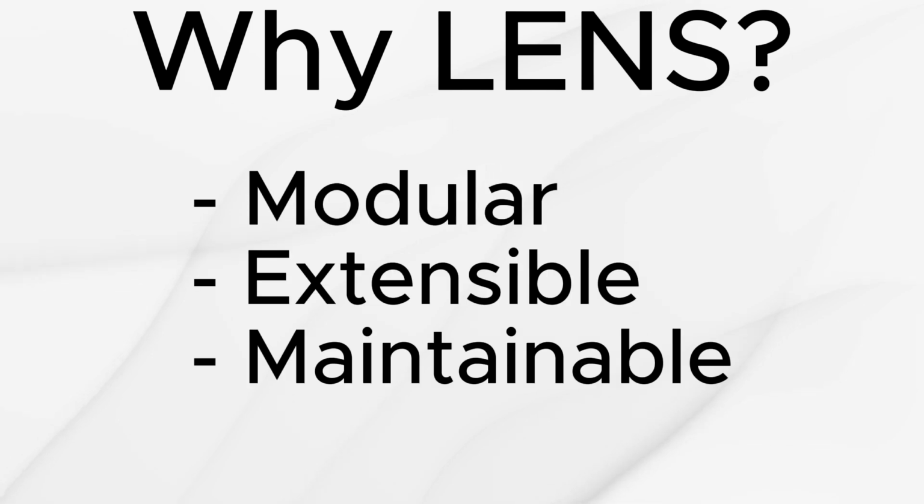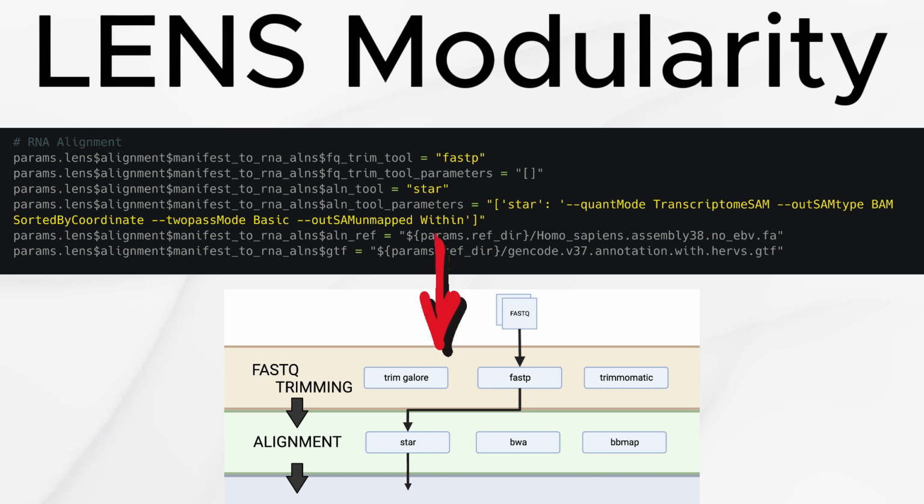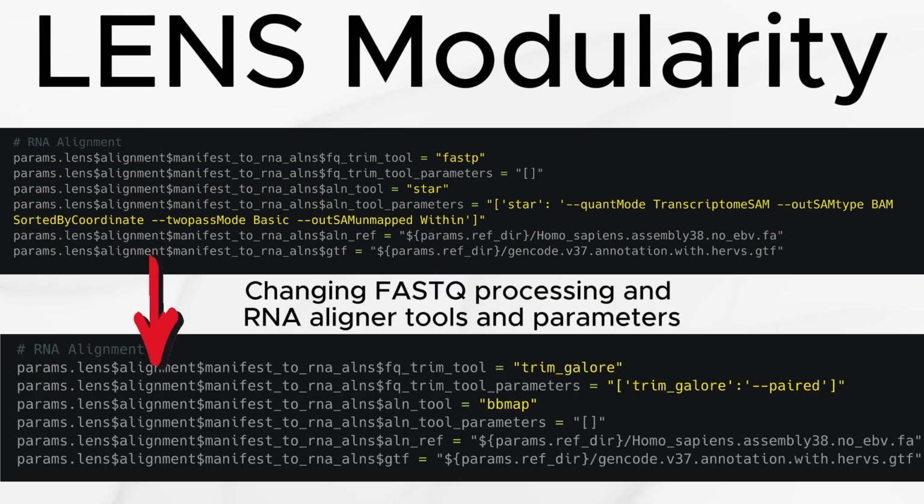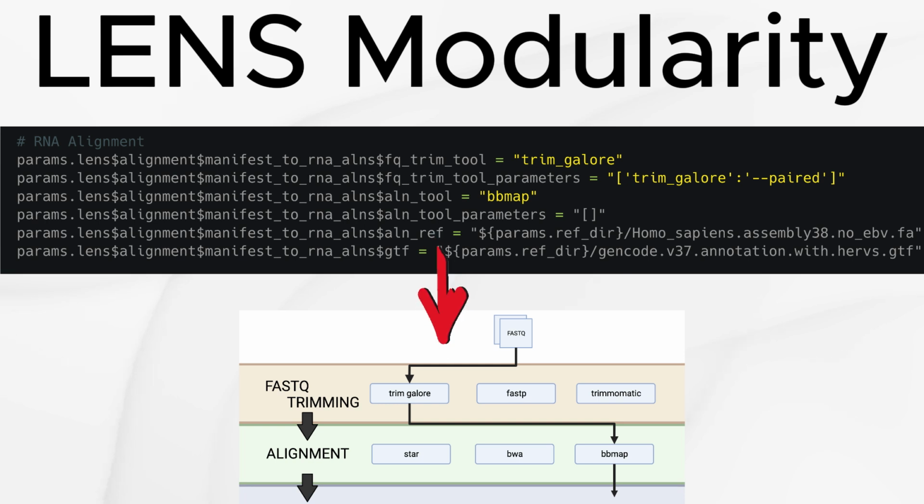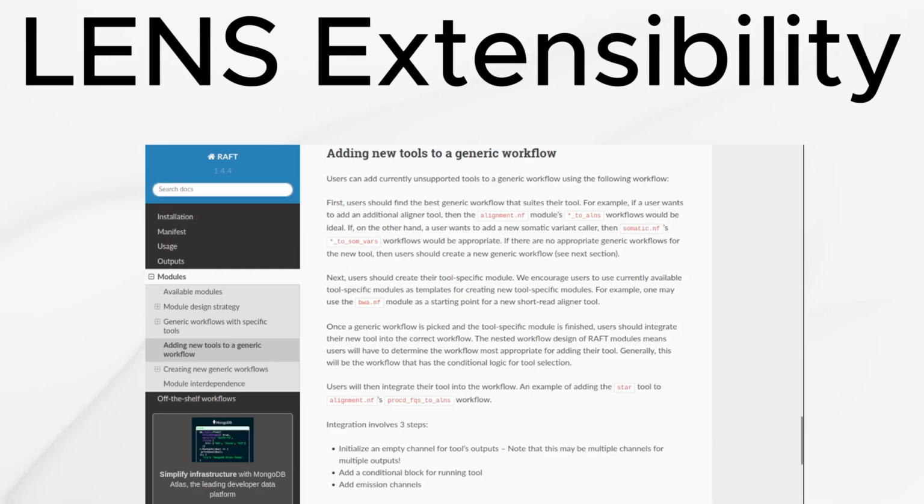Specifically, we wanted a workflow that was modular, extensible, and maintainable. Let's break that down. Modularity. LENS is built upon RAFT, which introduces modular architecture. That means users can swap in different tools, for example, using their preferred aligner, variant caller, or HLA typing method without having to rewrite the entire pipeline. Extensibility.